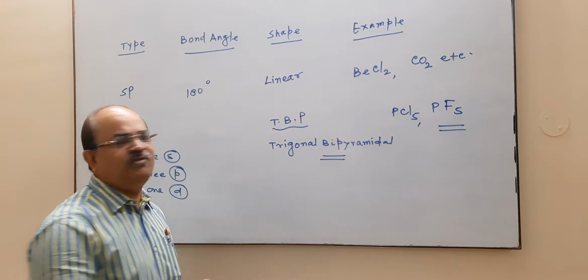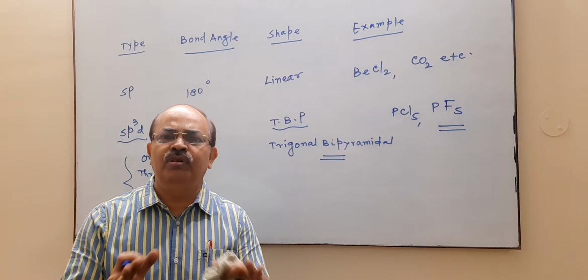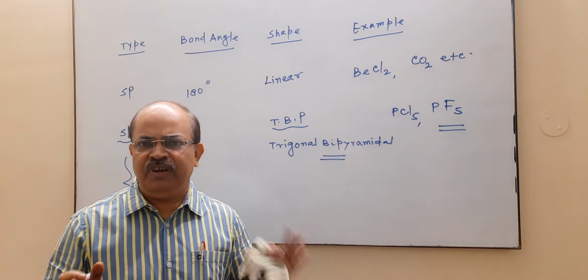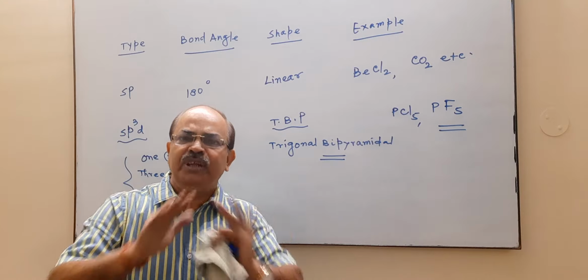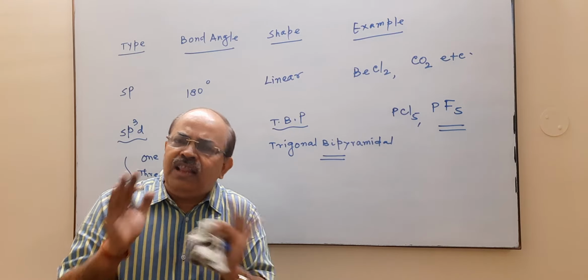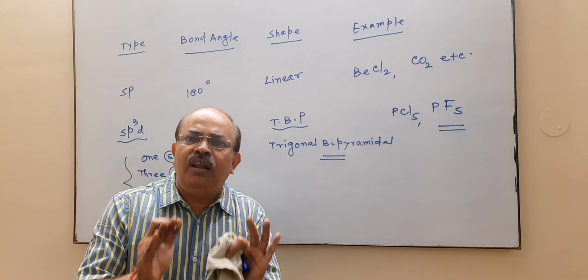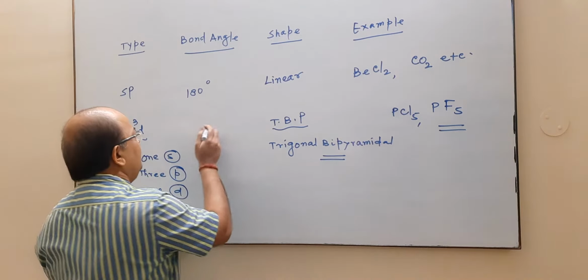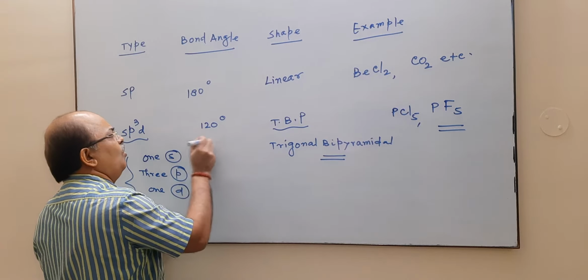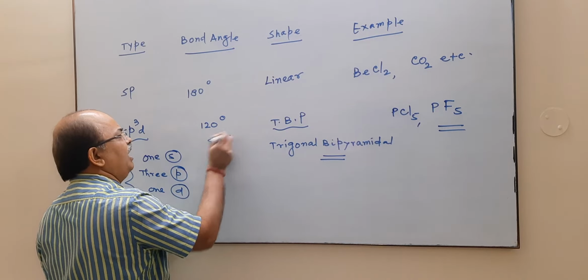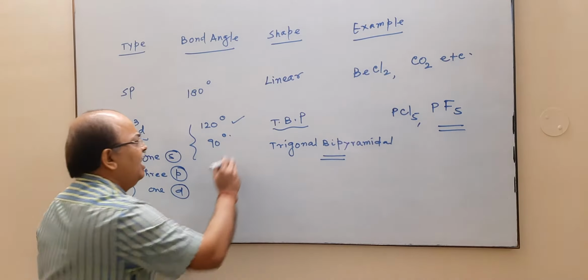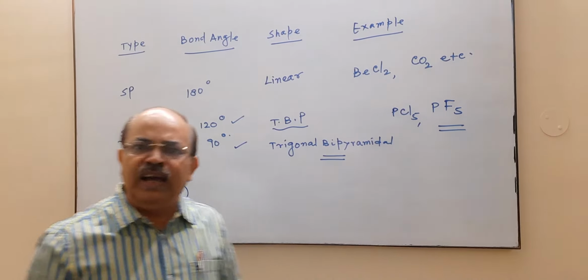In this case we have two different types of bond angle. In sp3d we have five bonds and they are not at equal angles. Three bonds are at 120 degrees while the rest two are at 90 degrees.